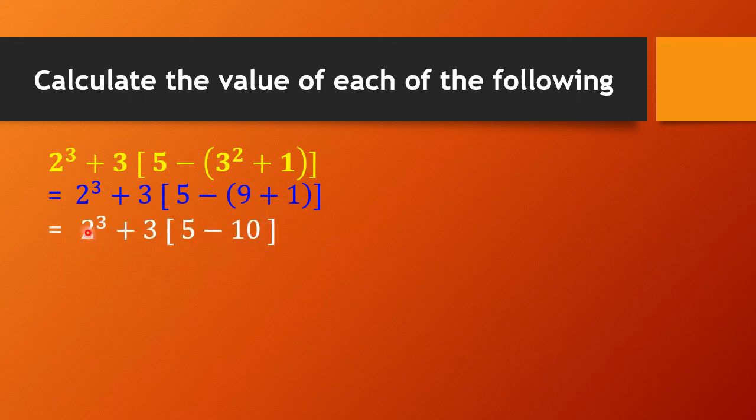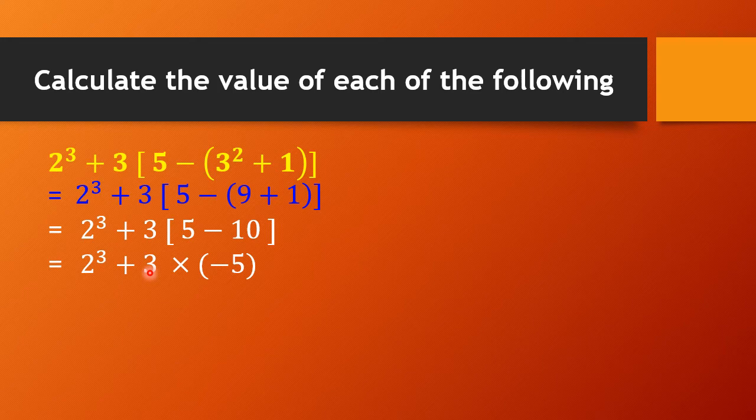And write the same numbers. After that, 5 minus 10 equals negative 5. Write the same numbers, but instead of 5 minus 10, it will be negative 5. We have power, multiplication, addition.